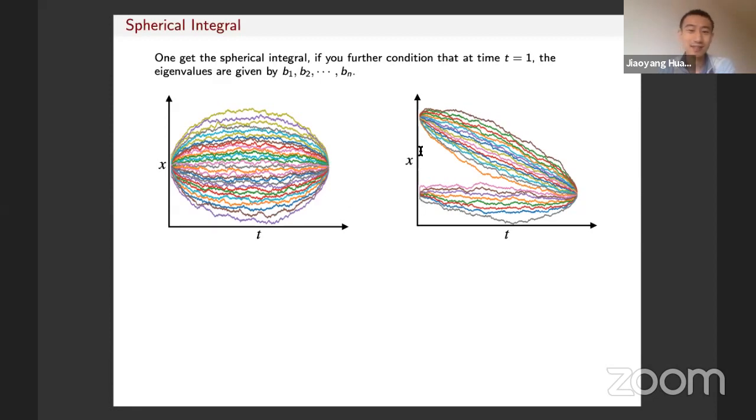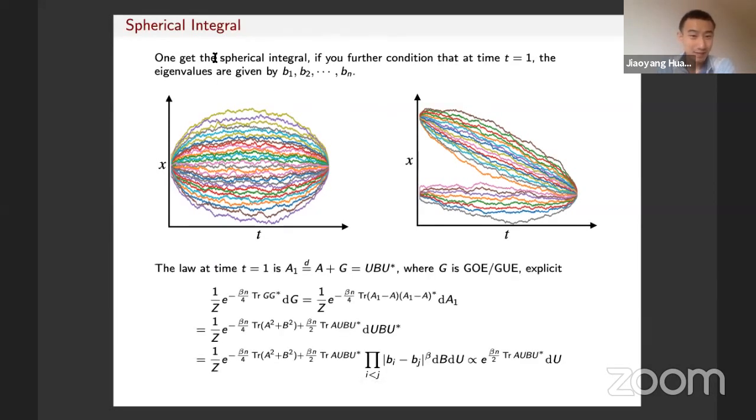Also, you can start with A having eigenvalues concentrated at two points at t equals 0, and condition that at time t equals 1 the eigenvalues are at one point, and then you get this weird shape.